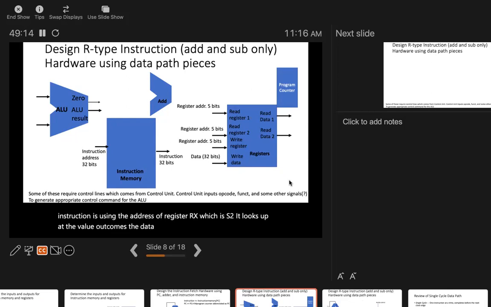RT should be fed to register 2. Out should come the data 2. And whatever sum has been produced by the ALU, it should be placed back into the registers by looking up the RD. Where exactly do you want to write? You would like to write it at RD. So please bring these Lego pieces together and create your R-type hardware.